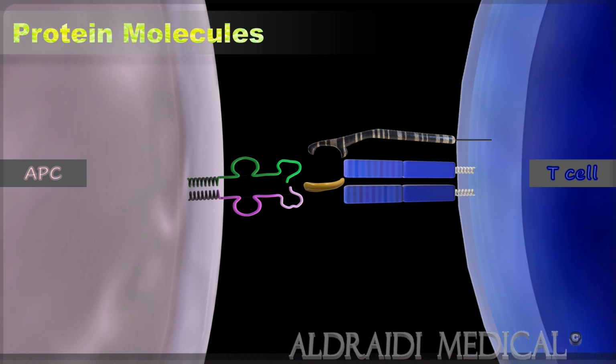Other proteins act as glasses for your lymphocytes, and without them they can't see those parts of the pathogen that are being presented. An example is the T cell receptor, which is able to recognize peptides found on the surface of specialized antigen-presenting cells.